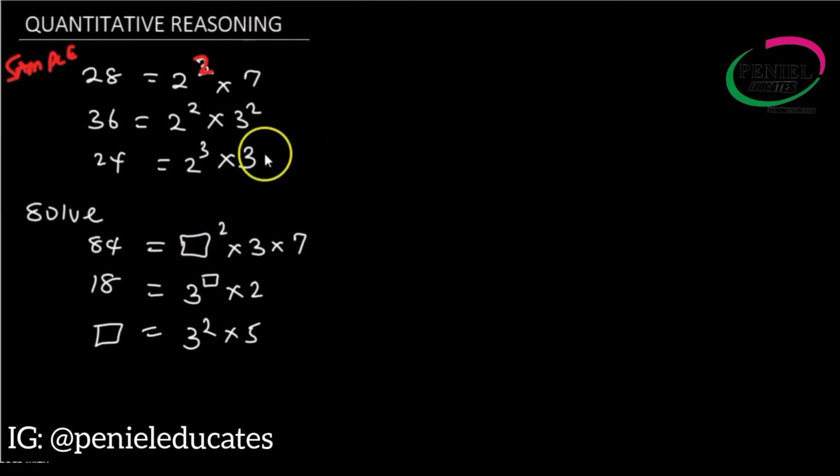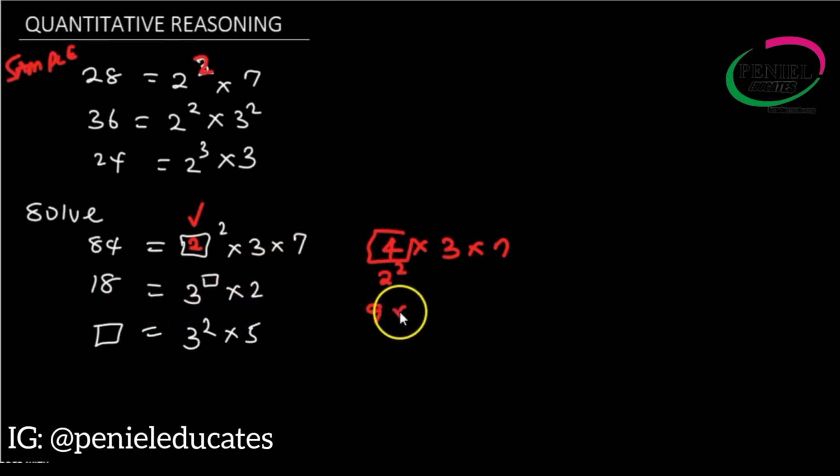So what you have to do is to know that this 4 is supposed to be 4 multiplied by 3 multiplied by 7, and this particular one is the box. So 2 raised to power 2 is going to give you 4, so definitely it's going to be 2 here. Then we have here 2 raised to something, multiplied by 2 is going to give you 18. And you know that you can only multiply 9 by 2 and it will give you 18.